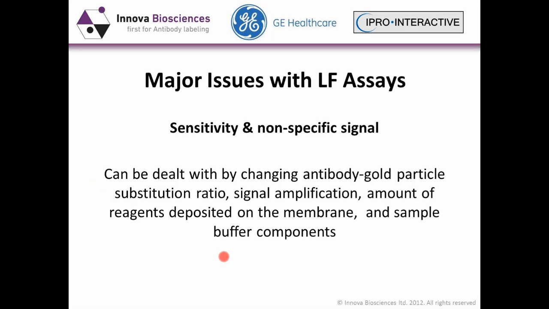Other aspects of using the buffer include different types of proteins in the run buffer or in the sample pad to try and reduce non-specific binding. And of course, there is the other option of how you treat the membranes, which Klaus, I'm sure, will be dealing with.